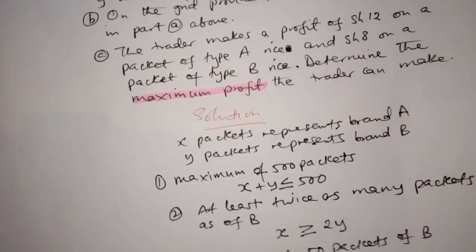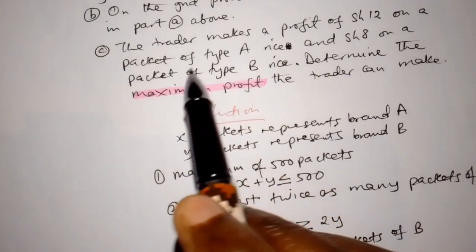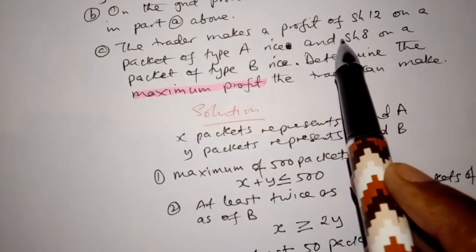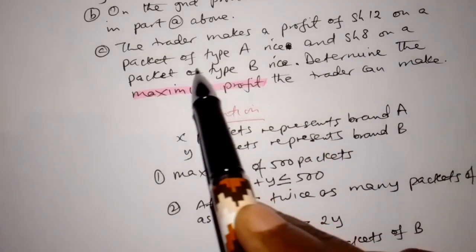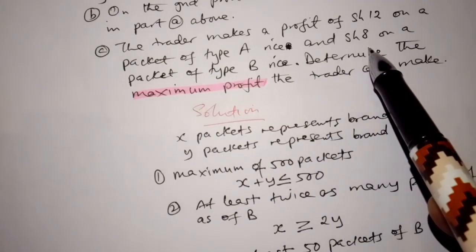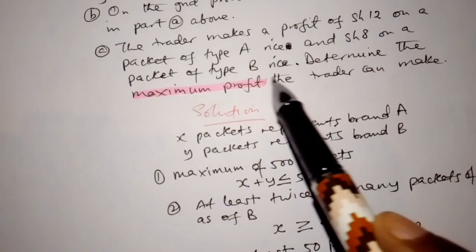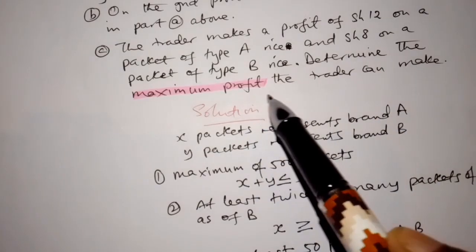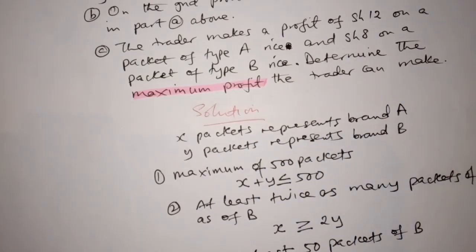The objective function here is, we are told a trader makes a profit of 12 shillings on a packet of type A rice and 8 shillings on a packet of type B rice. Determine the maximum profit the trader can make.